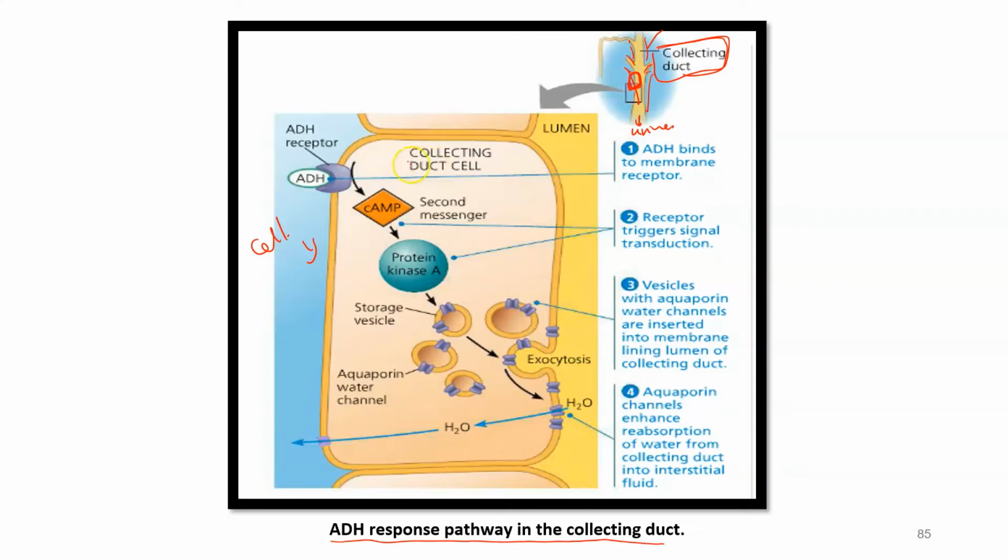So collecting duct cell, as you can see here, this is the hormone ADH that comes from the posterior pituitary in the brain. The posterior pituitary secretes the hormone ADH, which travels in your blood circulation until it reaches the kidney and reaches the collecting ducts and causes the collecting ducts to produce more aquaporine.